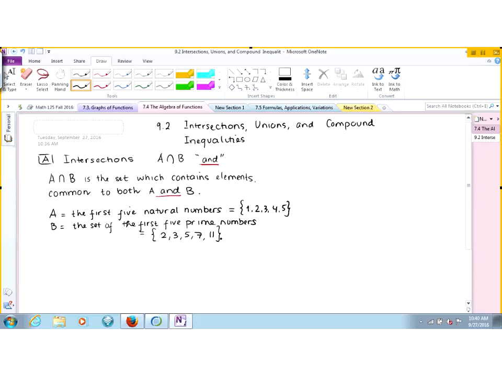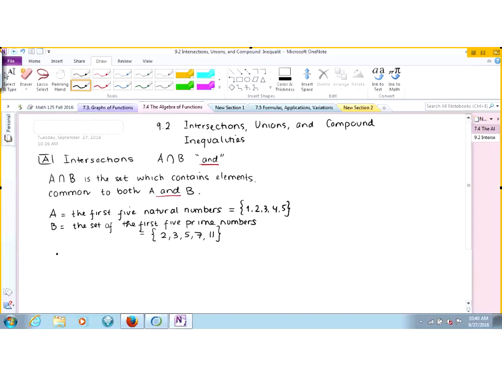No, 9 is not prime. Why is 9 not prime? Yeah, it's divisible by 3. The numbers that are not prime are called composite numbers. So the first 5 prime numbers are 2, 3, 5, 7, 11.